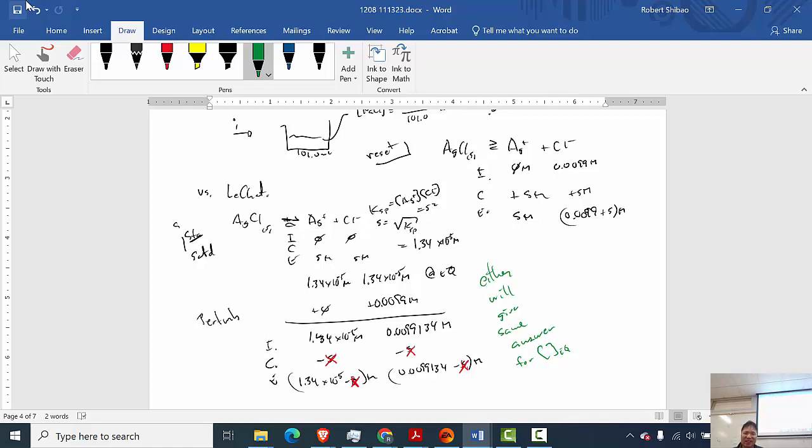KSP is 1.8 times 10 to the minus 10. Yeah, we'd like to figure out what the equilibrium concentrations are. So go ahead and calculate the equilibrium concentrations. I'll be right back. Solve whichever one you think is easier.